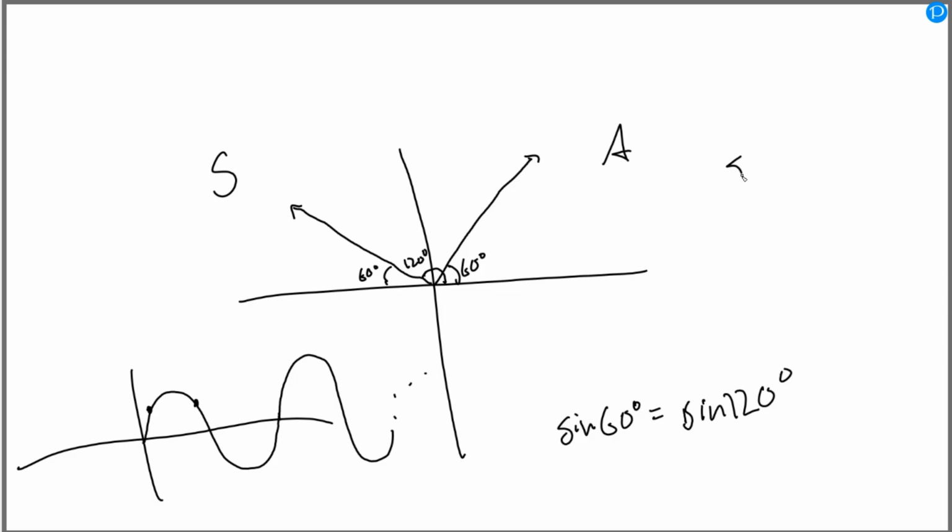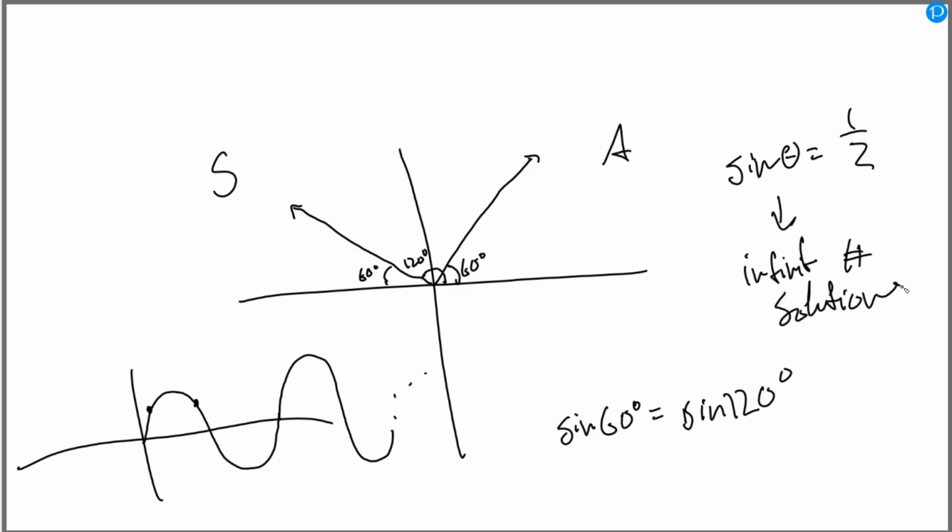So if I say that sine of theta is equal to 1/2 again, but I don't restrict the domain of theta, so theta can be anything, there are an infinite number of solutions. Questions will pretty much always restrict it, but there is a way to express these infinite solutions, but that's beyond what we're going at right here.